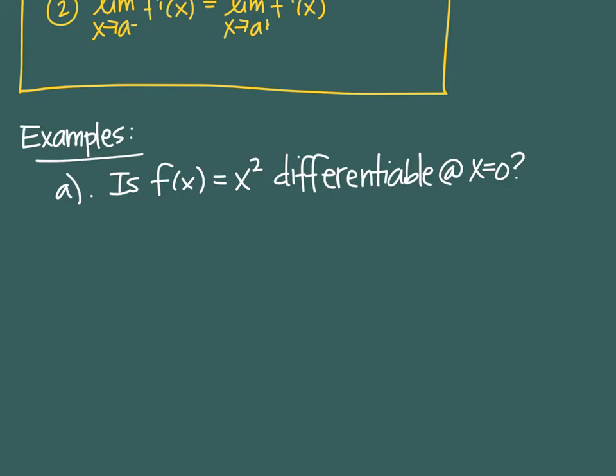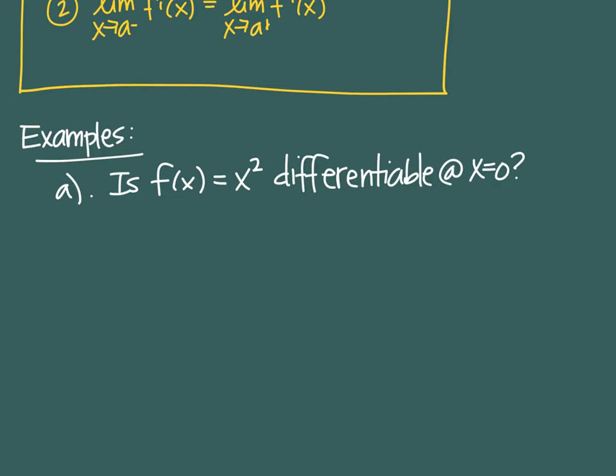What does x squared look like? A parabola. Okay, first question, is the parabola continuous? Of course, a parabola is continuous. There are no holes, there's no gaps, there's no asymptotes. Okay, does a parabola have any corners or cusps or vertical tangents? No, again. So we already know that the answer to this is going to be yes. Now we need to prove it.